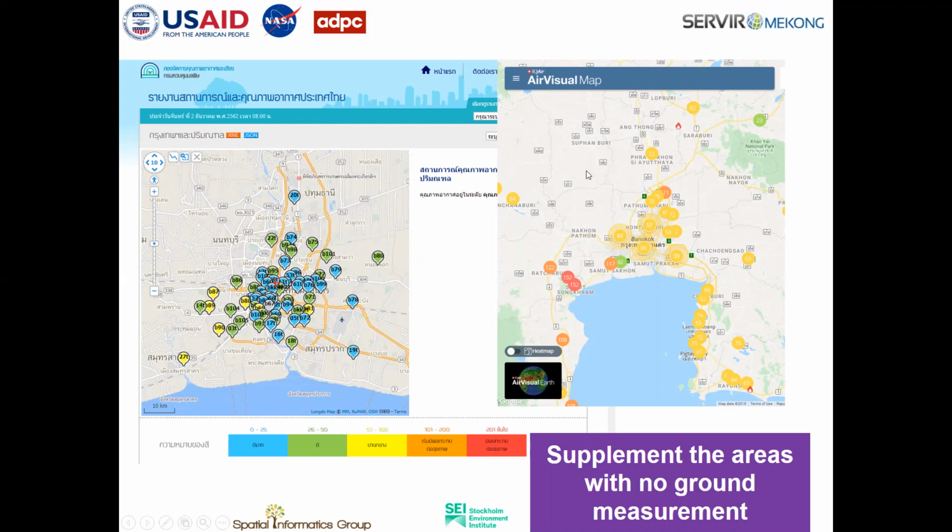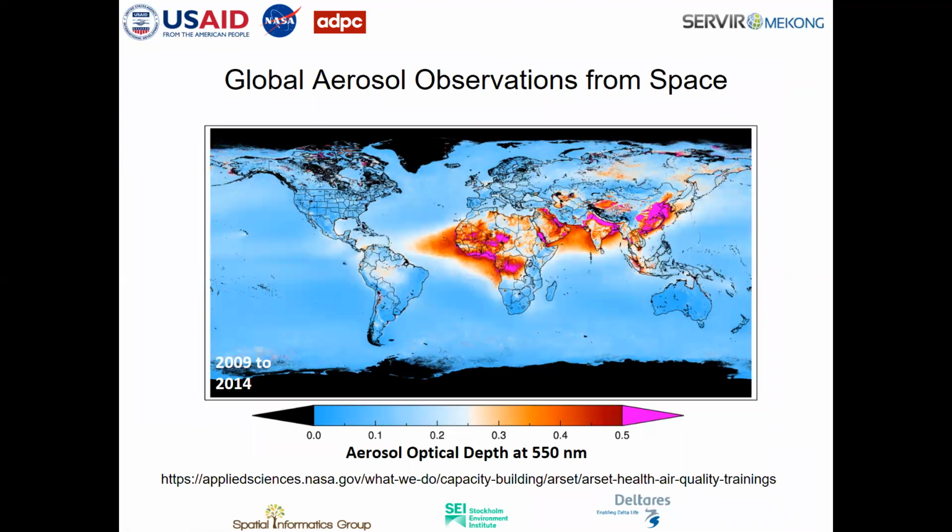All right, let's look at the global level. Here, this is satellite data, the global aerosol observations from space. They show the aerosol optical depth. Blue means a good condition, not many aerosols, and red means a lot of aerosols.